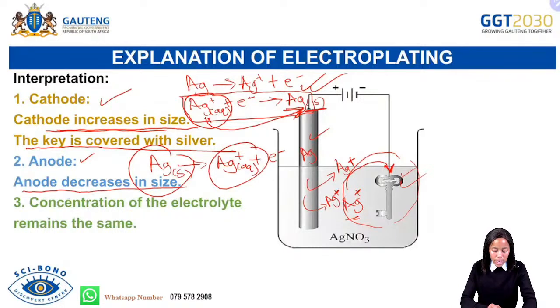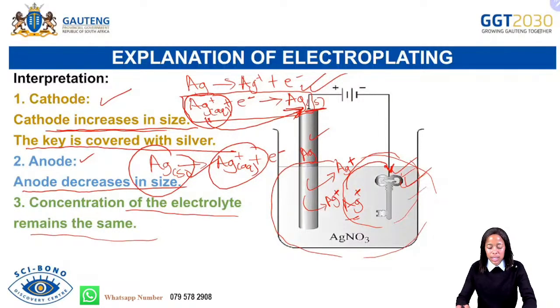So if the anode is decreasing in size and the cathode is increasing in size, what will happen to the concentration of the electrolyte? So the concentration of the electrolyte will do what? It will remain the same. Why will it remain the same? Because when it comes to the anode, what are we doing? We are producing Ag plus as we are moving from Ag, the electrode, to the electrolyte.